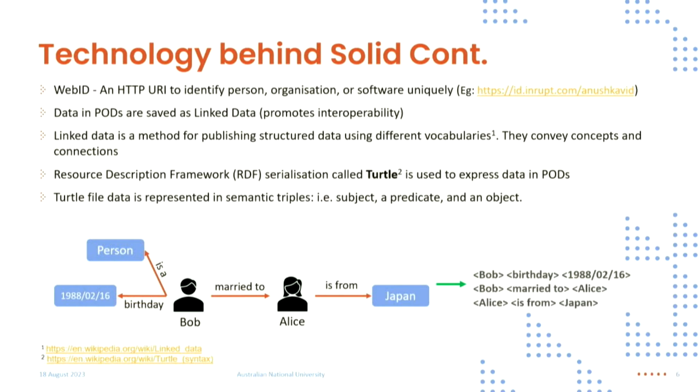In Turtle serialization, we convert this linked graph into triplets, with subjects, predicates, and objects. So this linked graph is now converted into triplets, like the ones you see there, and that's stored in Turtle files. Those Turtle files are inside your pods, and that's your data. So that's the basic idea of storing data in Solid pods.